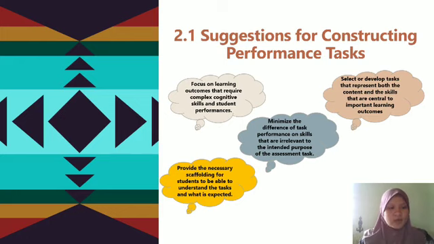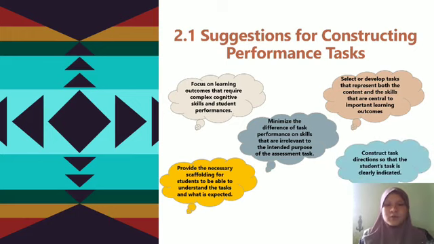Challenging tasks often involve ambiguity and require students to experiment, gather information, formulate hypotheses, and evaluate their own progress in solving a problem. So number 5, construct task directions so that the student's task is clearly indicated.